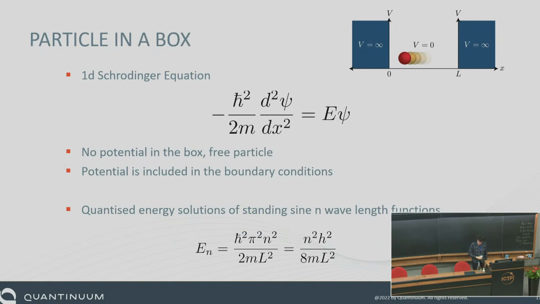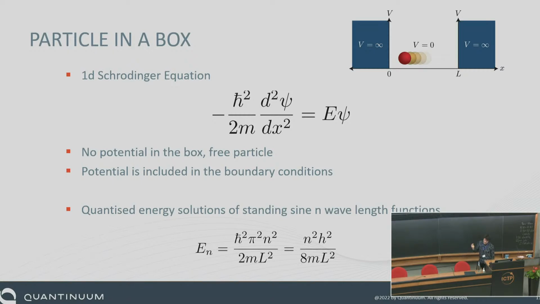So the Schrodinger equation looks like that. It is a bit confusing because there's no potential in this form of the equation. And this m here is the mass of the electron, or the particle which you choose. But the particle is included in the boundary conditions of the solution.